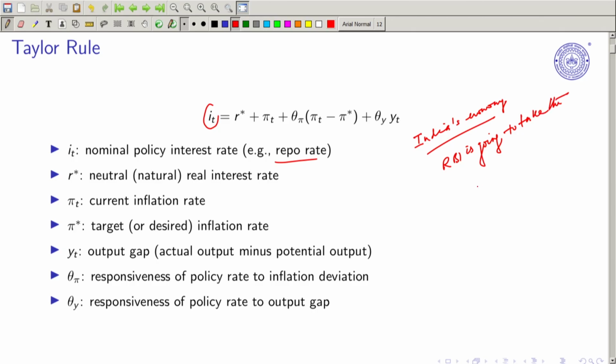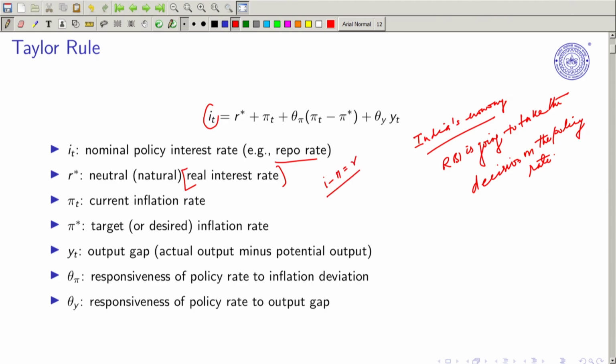Take the decision on the policy rate. So here we have the repo rate. Then here we have the neutral real interest rate. So the real interest rate, we know, is the nominal interest rate, which is i, minus the inflation, so this becomes real.